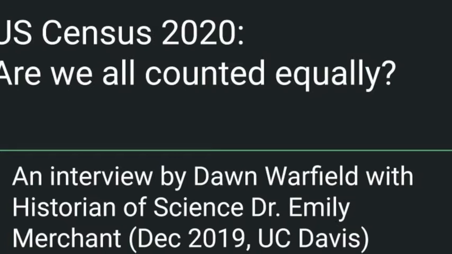So as I said, the categories that the census used to classify people by race have changed over time. And in the 1930 census, there was a new category called Mexican. And the purpose of this category, so I should say that immigration from Mexico to the United States had increased considerably since about 1900.